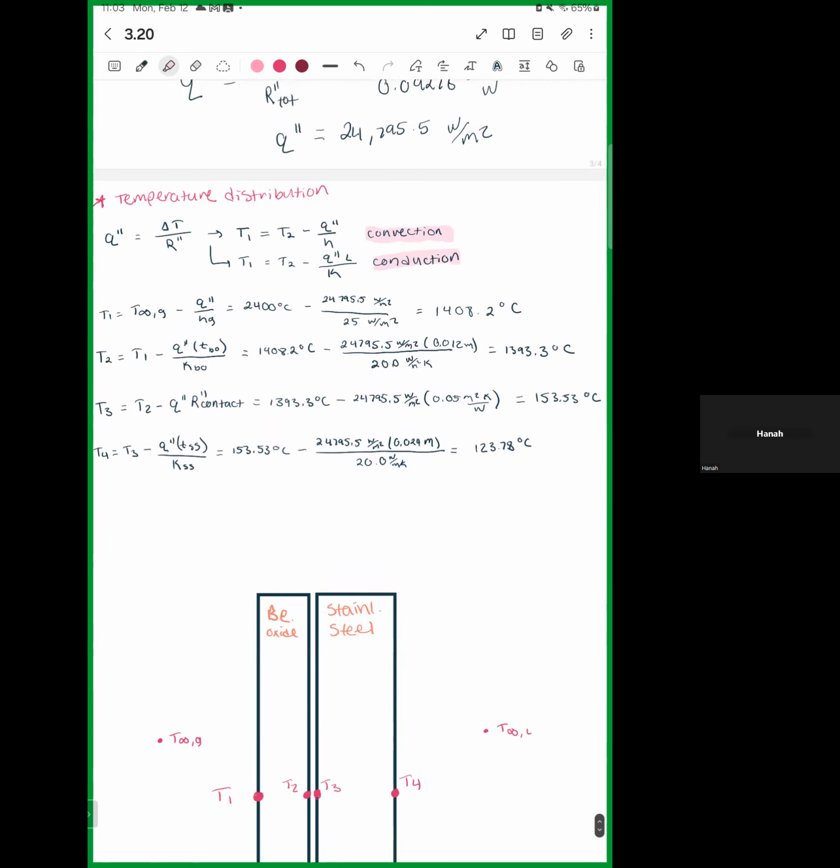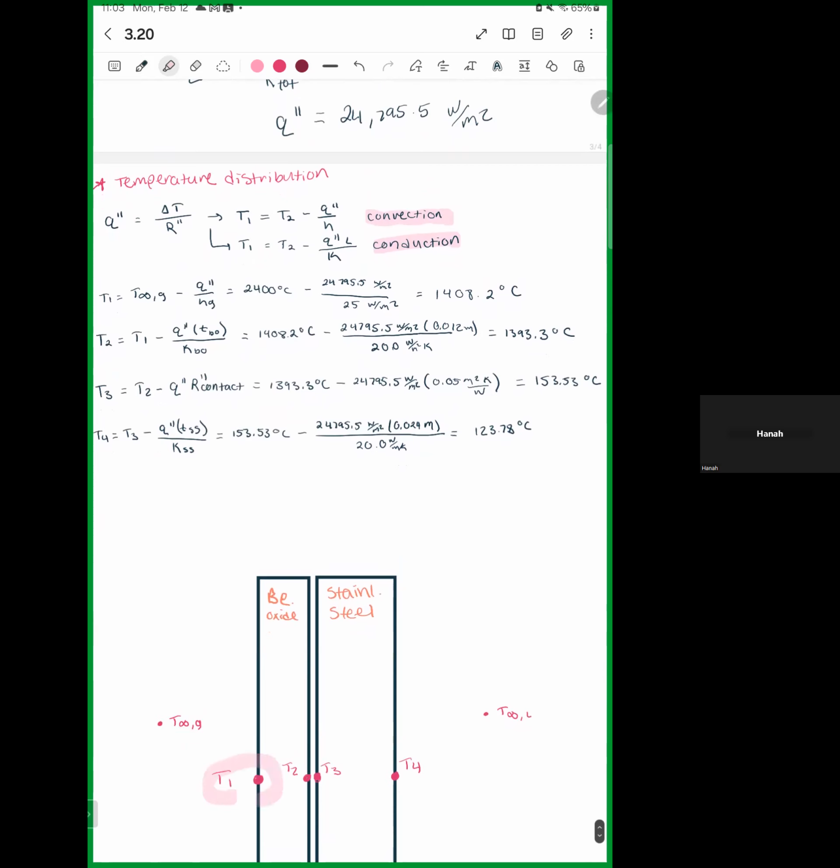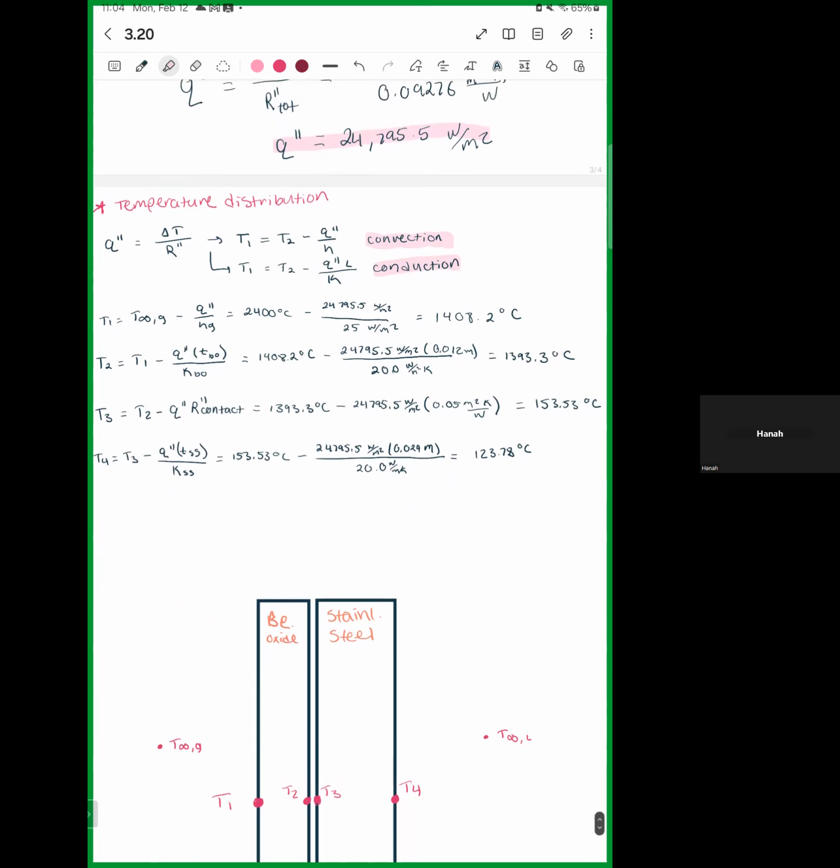So to find T1, we're going between T1 and T infinity on the gas side. So we have T1 equals T infinity on the gas side minus the Q double prime that we just found in our last step over the convection coefficient for the gas. And if you plug the numbers in, you'll get 1,408.2 degrees Celsius.